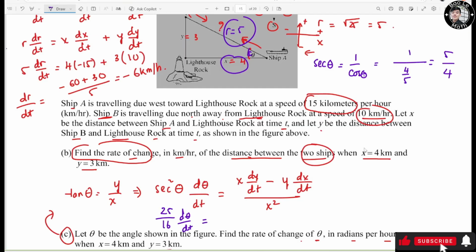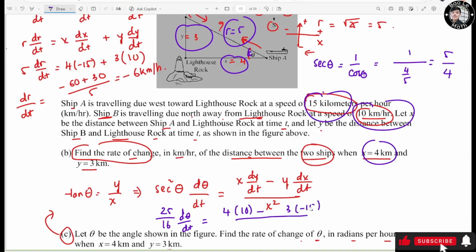Equals: s equals 4 right here, dy over dt is 10 right here, minus y equals 3 right here, times ds over dt, which is negative 15, over s squared, which is 4 squared, 16. So it's 85 over 16.